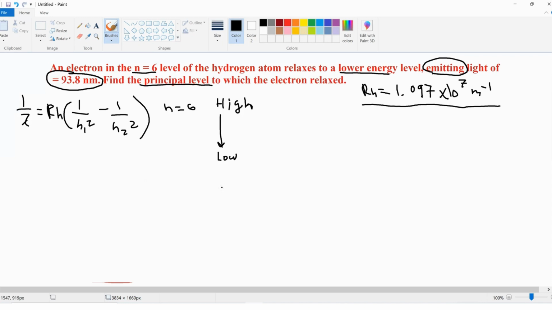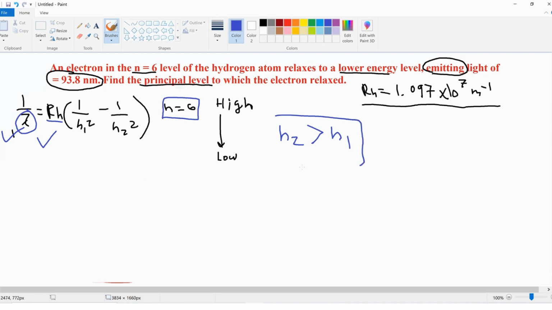Okay? They gave us lambda. Let me put it so you can see it. They gave us lambda, we have the Rydberg constant. Now, let's decide where to put n equals 6. We go back to what I showed you.